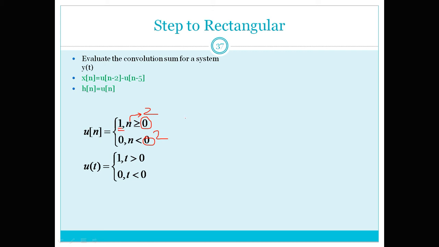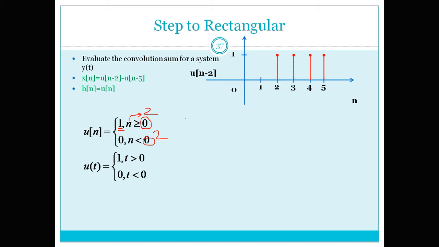Let me show you this part also. This is the x-axis and this is the y-axis. I am going to write u of n minus 2. These are the values 1, 2, 3 and so on. Up to 1 my values are zeros, and from 2 onwards my values are 1. Please understand this part very clearly, because at 2 also the value is 1. Please understand the definition part.